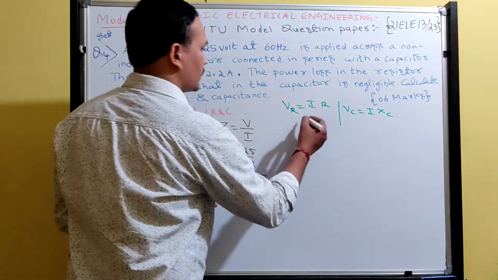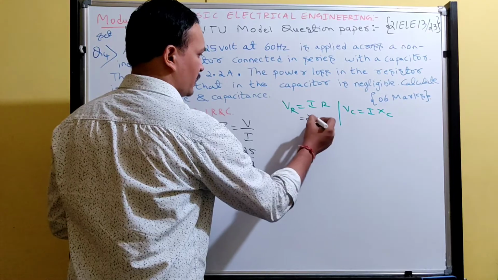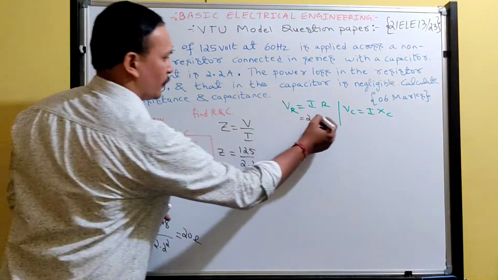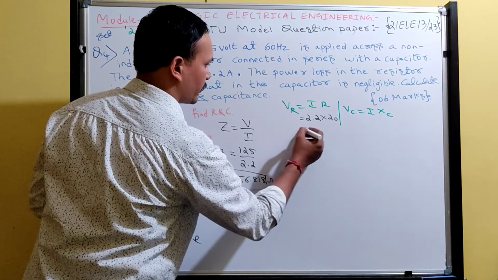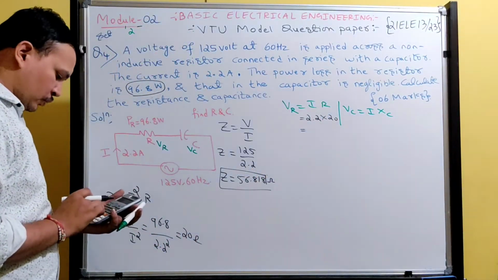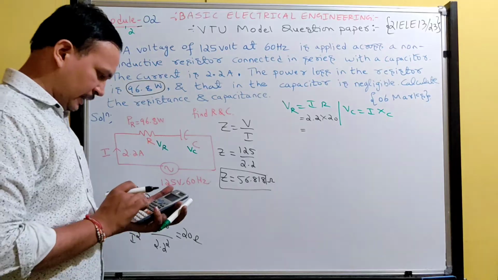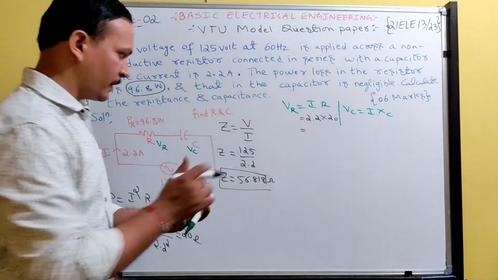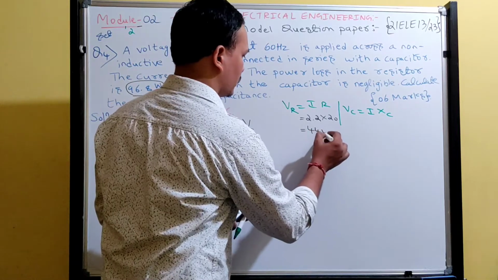Let me find the voltage in the resistor. The current flowing is 2.2 and the resistor is 20, so 20 times 2.2 gives 44 volts.